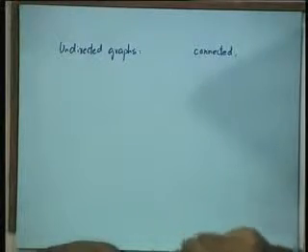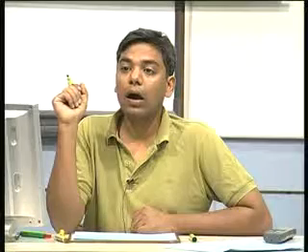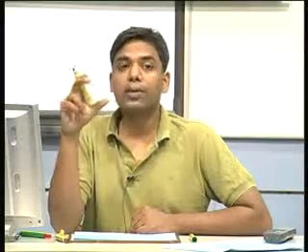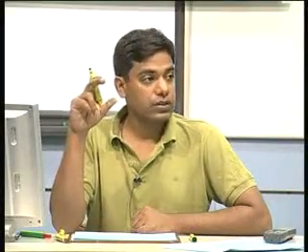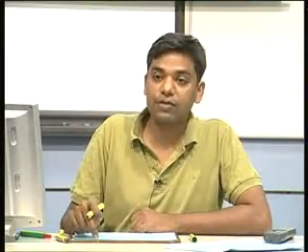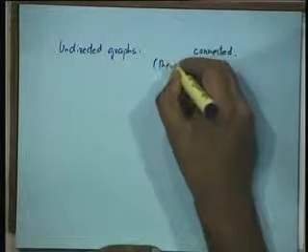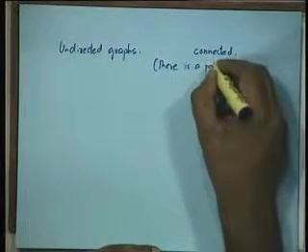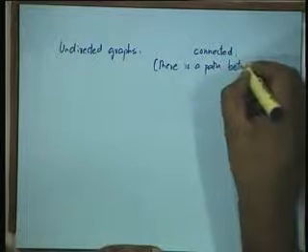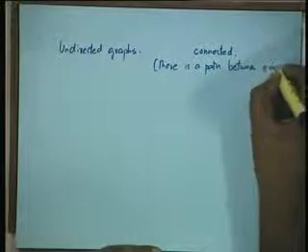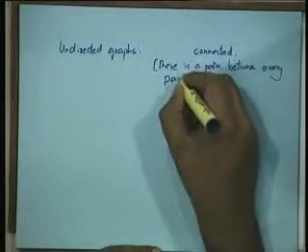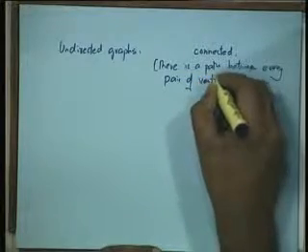When is an undirected graph connected? When there is a path between every two vertices, then we say that the graph is connected. So connected means there is a path between every pair of vertices.